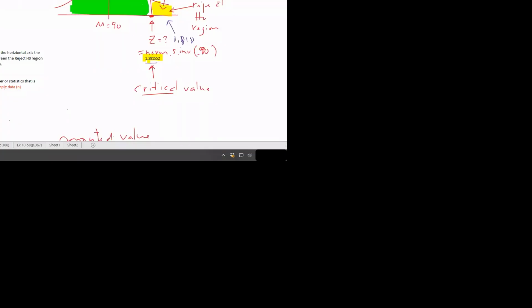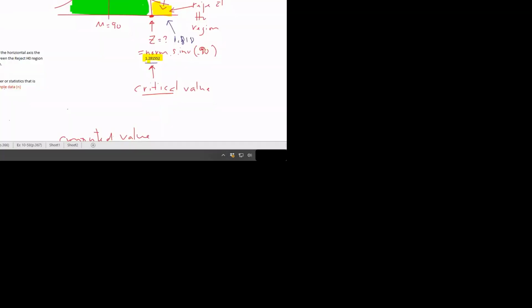What was the hypothesized mean based on how you set it up in this problem? Let this be your guide. It was 90, wasn't it? Now, this part is important too, because it says mu equal to 90, mu not equal to 90.